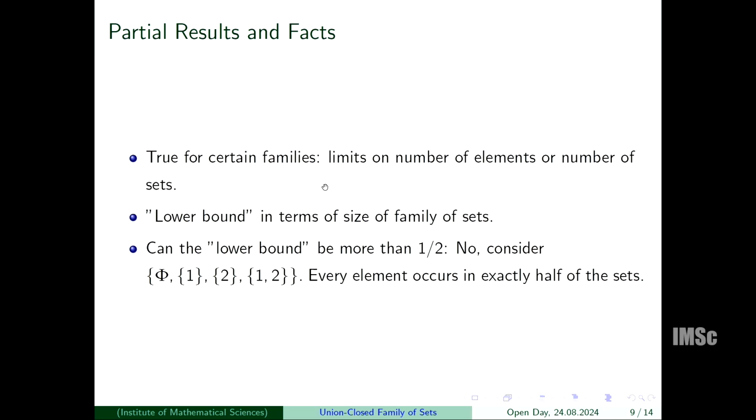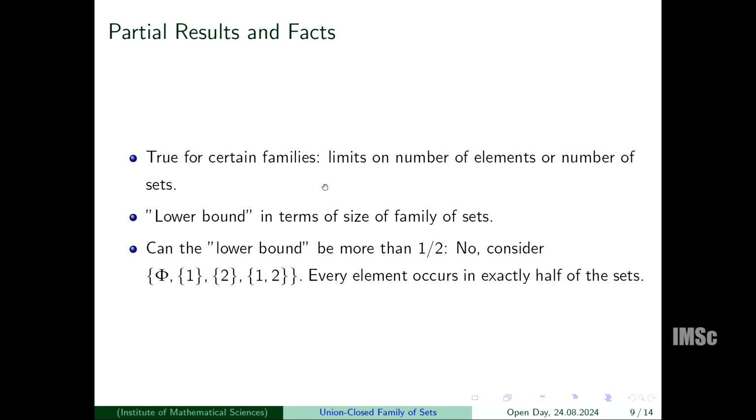I think the conjecture is proven for families which contain at most 46 sets, and it's also true for families where the universe contains at most, I think, 11 elements. So we have partial results, but that's not really that significant because our guess is that the conjecture should hold for any number of sets, right?